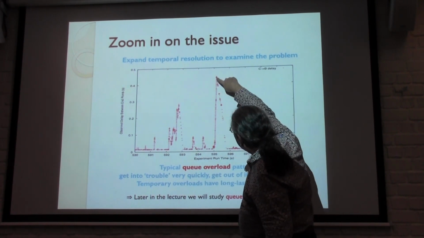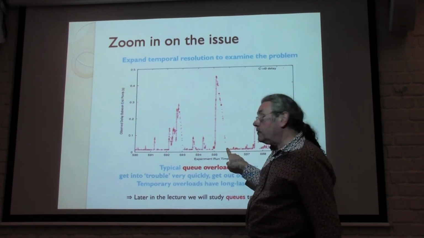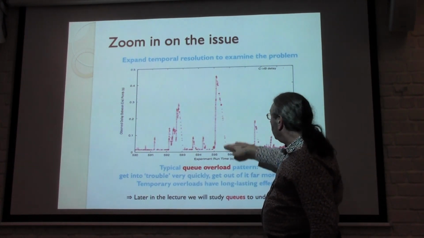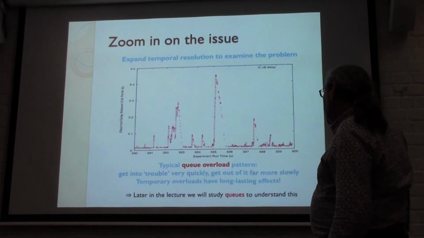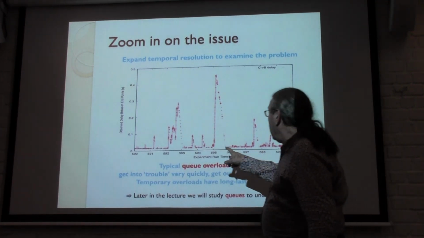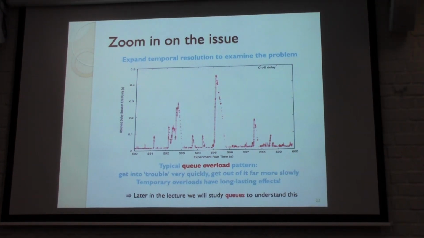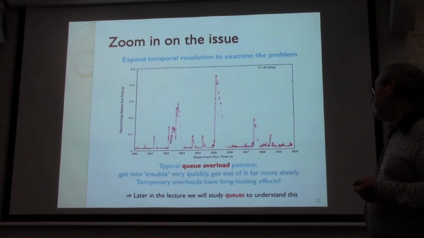The very quick part is a small fraction of a second, but the slow part is a whole second. This is 1 second where things are very bad. Each of these messages has a big delay. So what's going on here? Very quickly getting into the problem, and very slowly getting out of the problem.